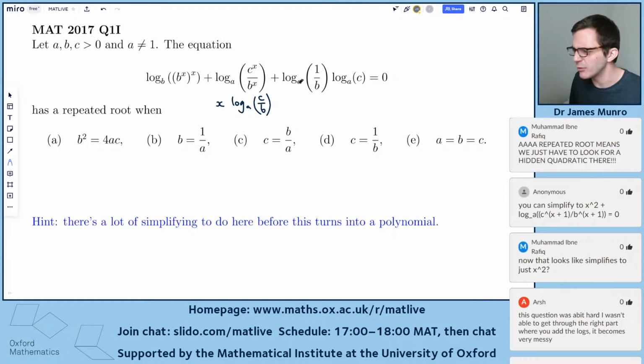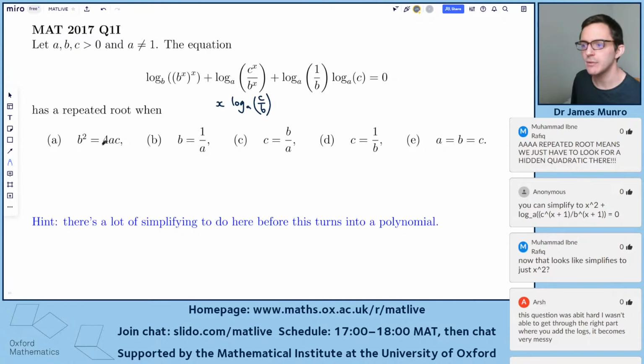And this thing over here, log base A 1 over b, log base A c, fine, whatever. Okay, not got any x's in. We are looking for a, yeah, so maybe it's the language of repeated root that clued some people in to start looking for quadratics. I think it's one of the options being b squared equals 4ac, that maybe that's not a healthy way to think about questions, but for me, that was when I started thinking about quadratics.